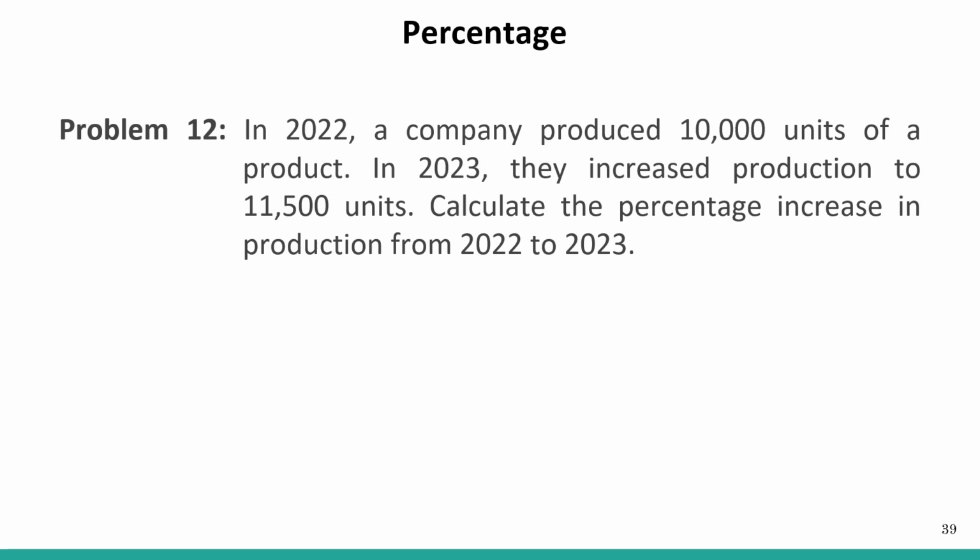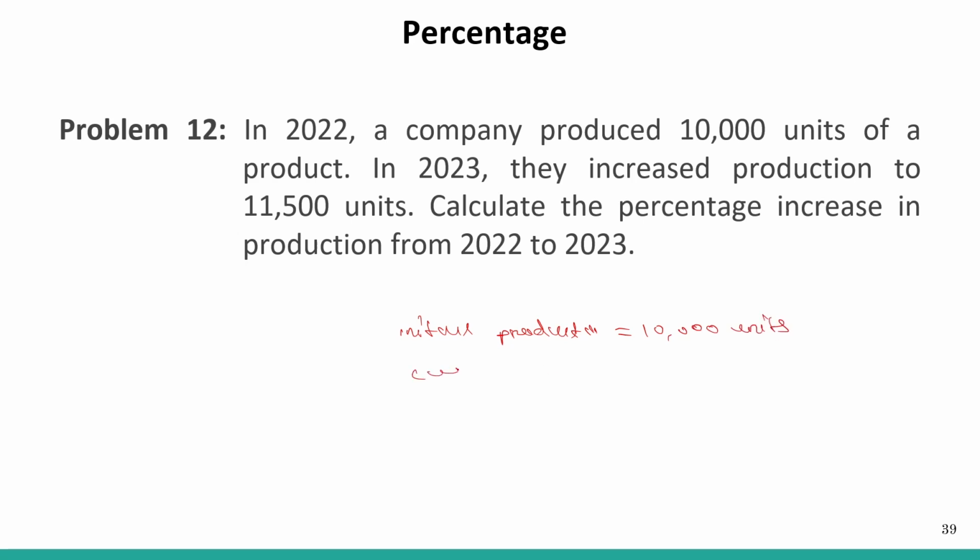So problem 12. In 2022, a company produced 10,000 units of a product. In 2023, they increased production to 11,500. Calculate the percentage increase in the production from 2022 to 2023. What we want to calculate is, initial production is 10,000 units.